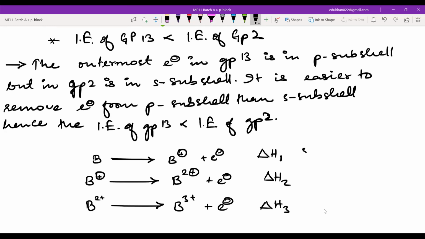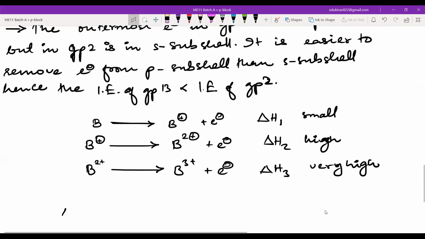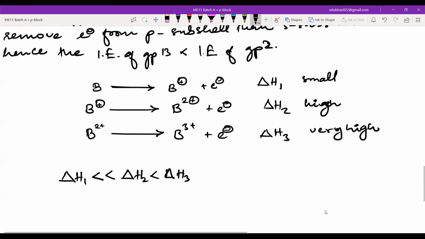So this is small, this is high, this is very high. If I compare this, then delta H1 is very, very small compared to delta H2 and delta H3. Now, what effect is it going to have on reactivity?